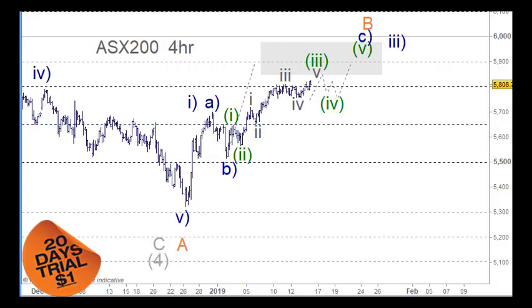So that's what normally happens in corrections as well. So wave A would be sharp to the upside, wave B, and then wave C is a bit lazy like that. And the same to the downside as well. Wave A would be sharper, and then wave B would be what it is, and then wave C would be a bit lazier this way, reluctant to move down, reluctant to move up. So we need to be mindful of that.